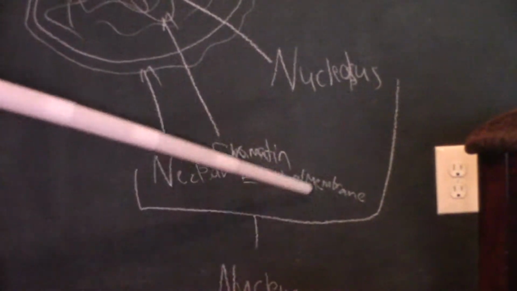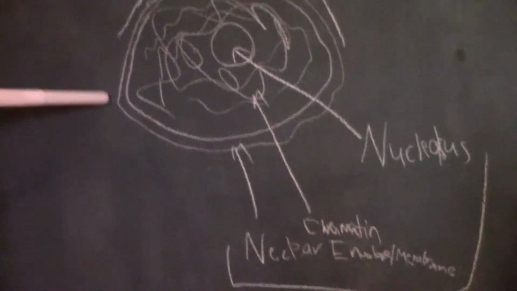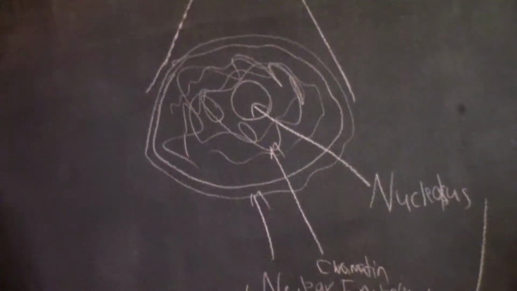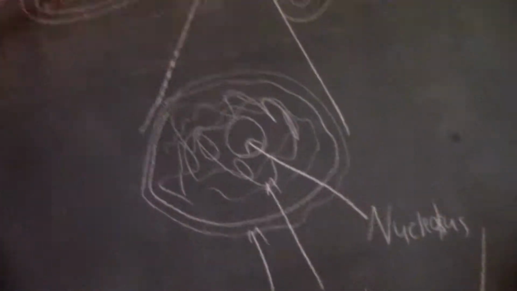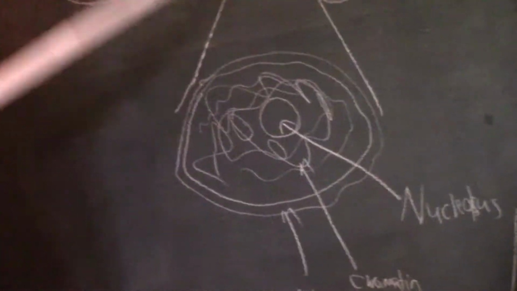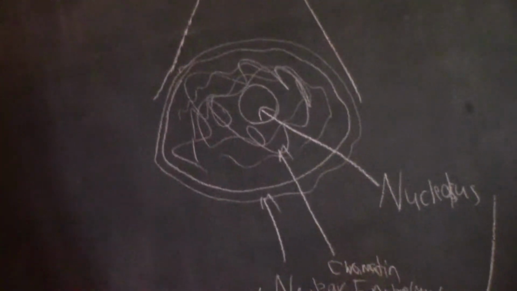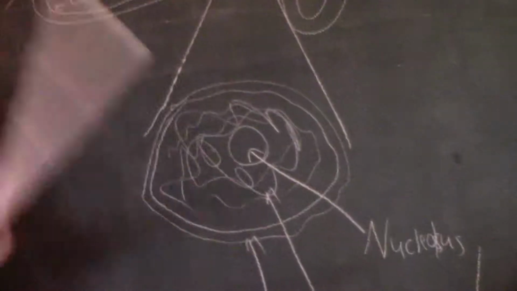Then the nuclear envelope, or nuclear membrane, encloses the nucleus and lets certain other organelles go in and out. The nucleolus creates ribosomes and other proteins. All of this makes up the nucleus, which is kind of like a computer.